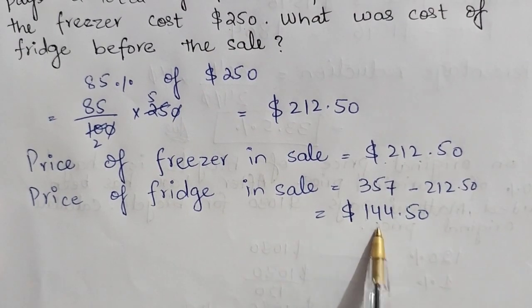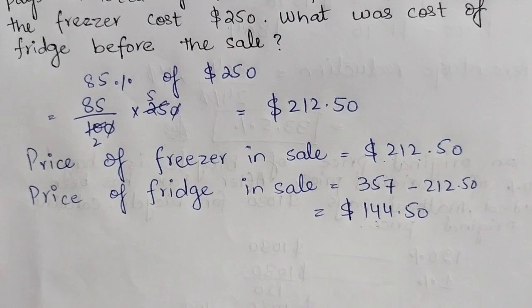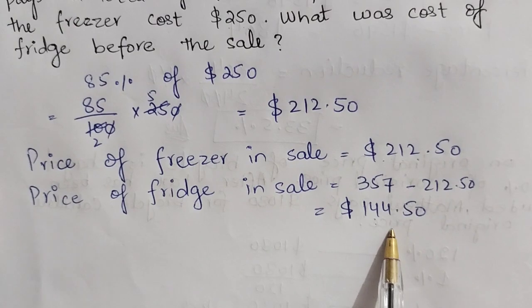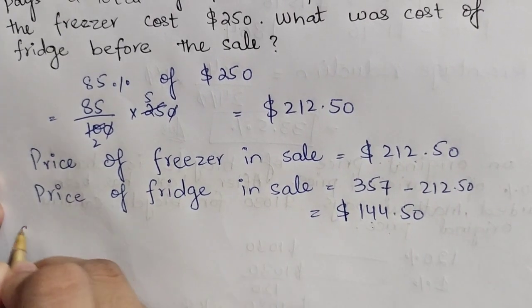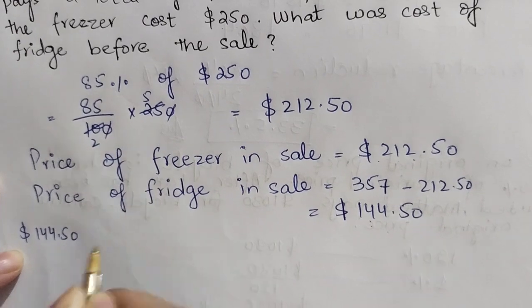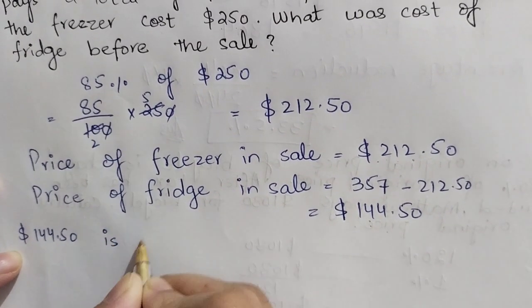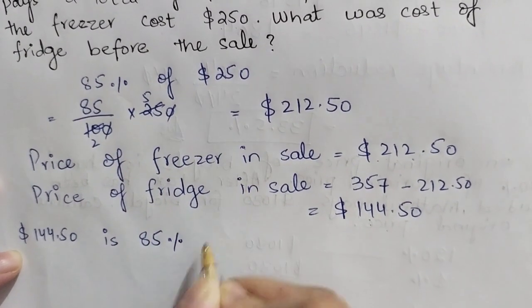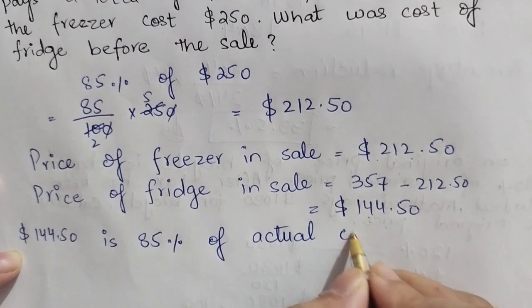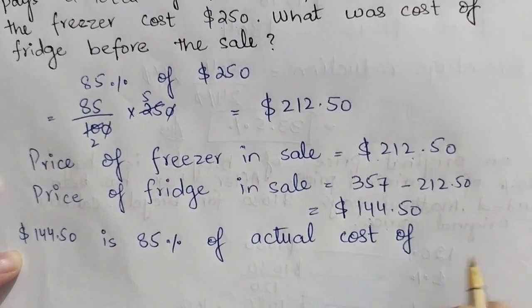This is the amount which is after getting 15% off. It means it is 85% of the actual cost. I am writing $144.50 is 85% of the actual cost of the fridge.